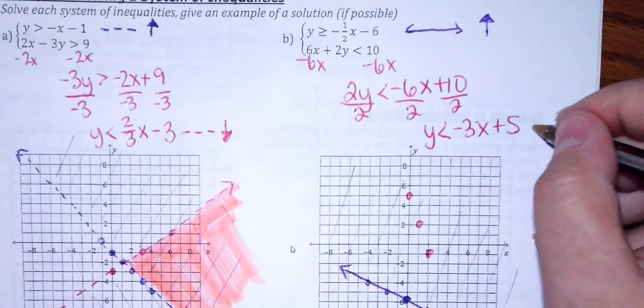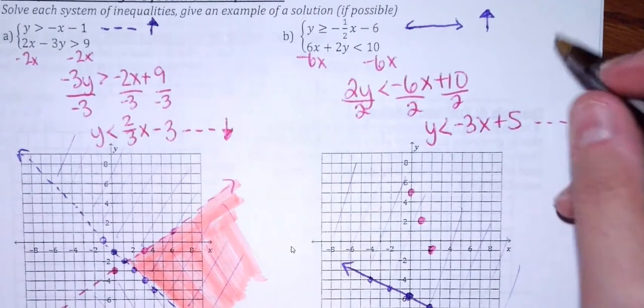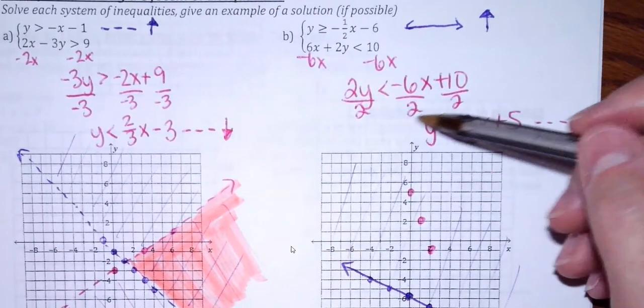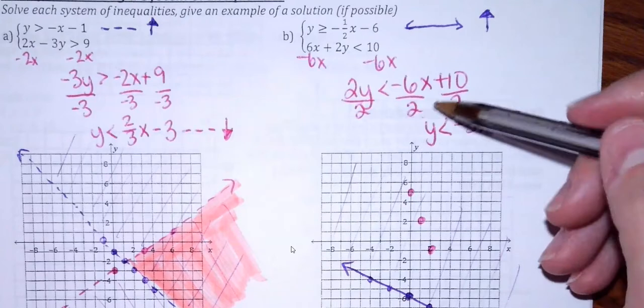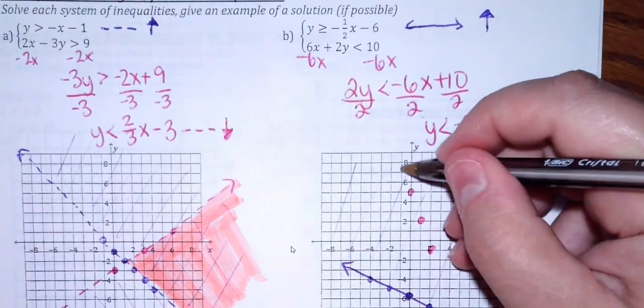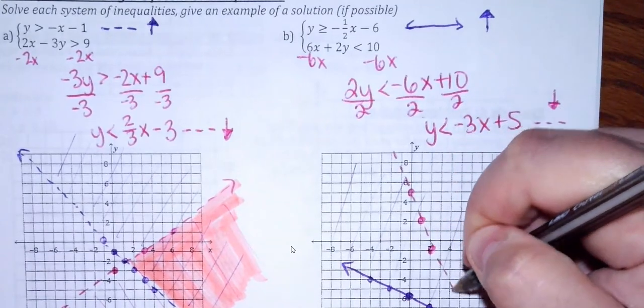This is going to be a dashed line here, and I didn't flip my sign because I did not divide by a negative. I just subtracted the 6x divided by a +2, so this is going to be a less than. So I would shade, once I get this drawn in here with my little dotted line, I'm going to shade below.